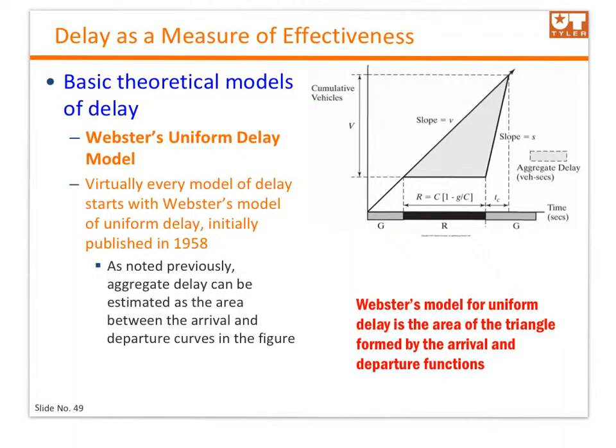You draw the x and y axes. The x-axis is the time, the y-axis is the cumulative vehicles, and now we have two lines: the departure line and the arrival line. The area between them represents the amount of uniform delay, and that is what we call the Webster uniform delay model.